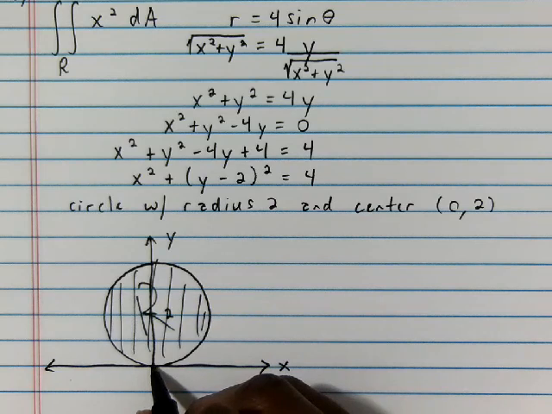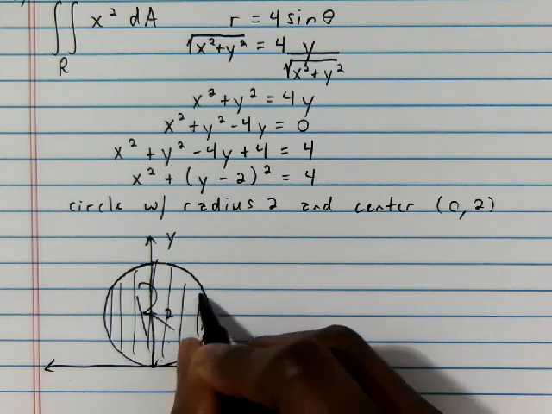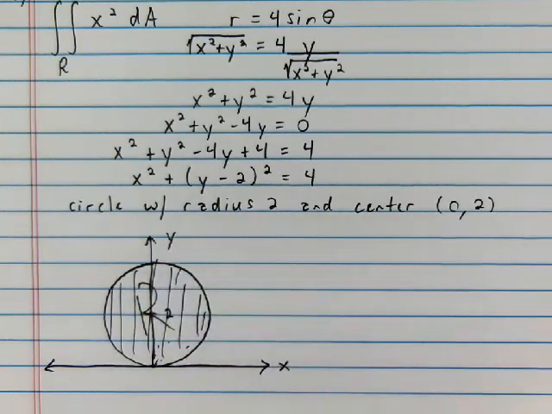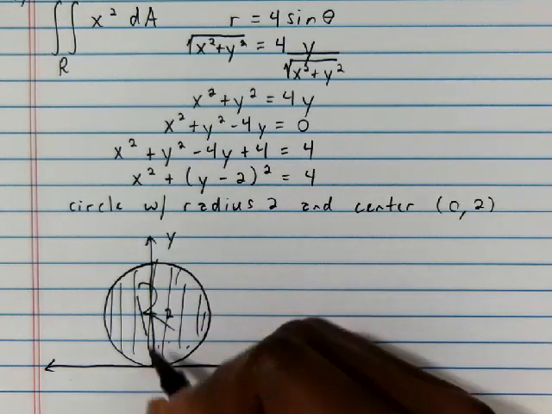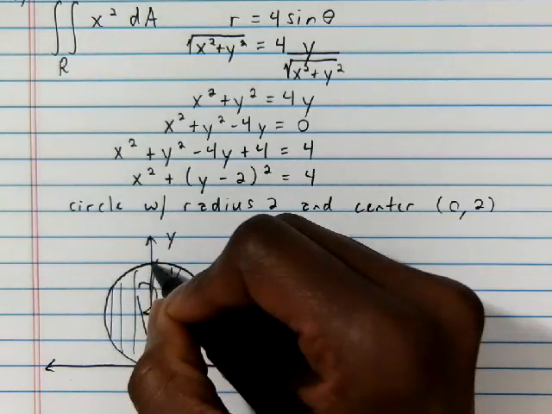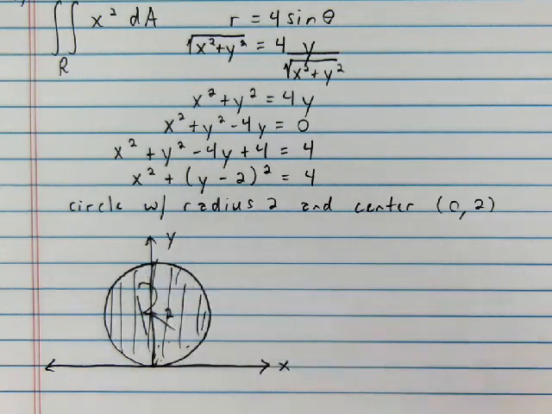Right here, r is equal to 0, and then we'll have some radius right there, and some different radius right there, another radius right there, and another radius right there. So if you notice, it depends on what angle theta we're at. So r is a function of theta. So right here, for instance, from there to there, that distance is 4. So when theta equals pi over 2, our radius is 4.